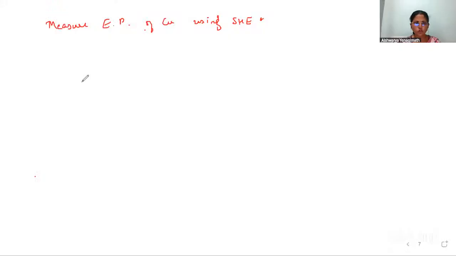Okay. So as I said, you need to actually find it, or you have to take it by convention. So here, let's assume a convention. Let's assume that SHE is my anode here. Let me assume that SHE is anode and copper is my cathode. Copper is my cathode.